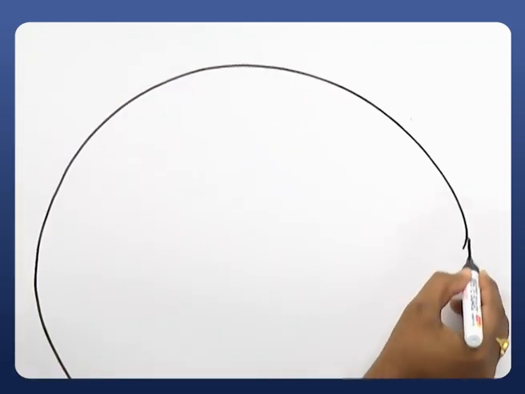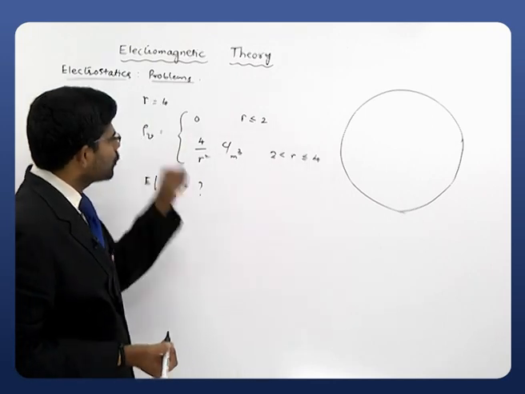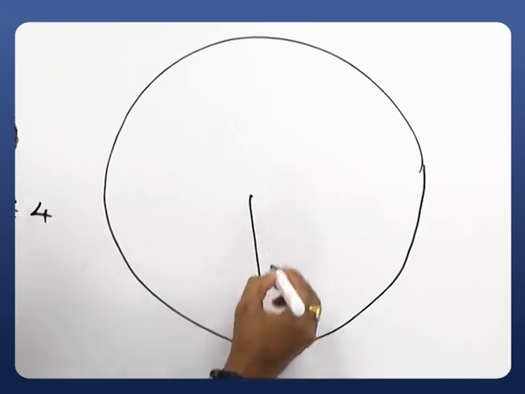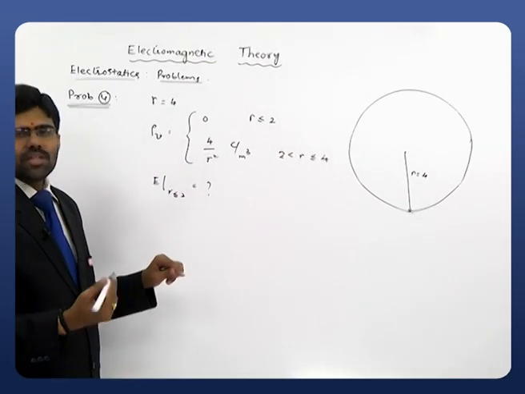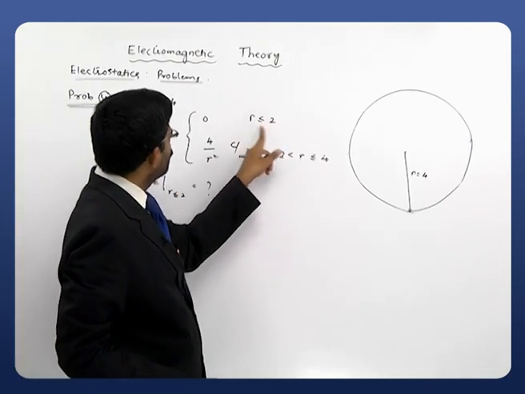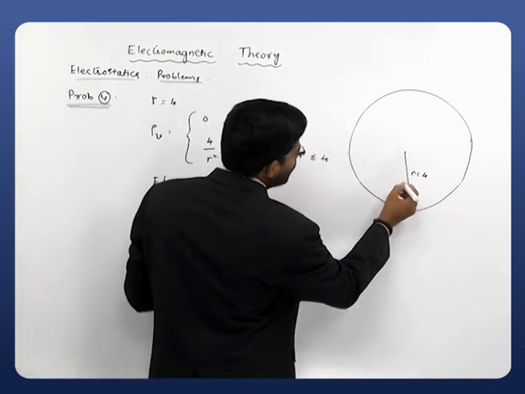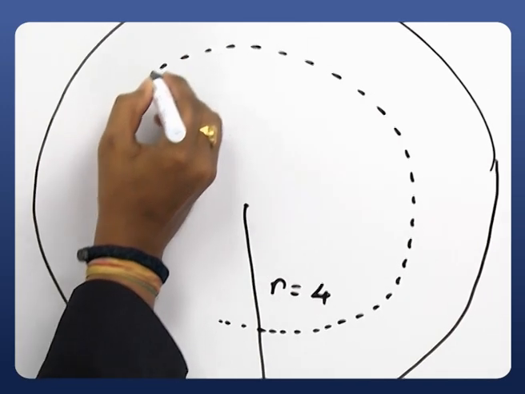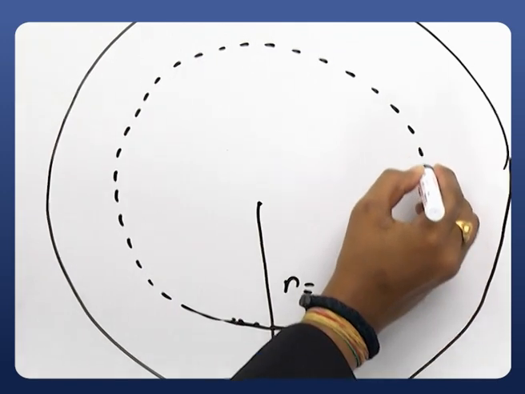So let us take, this is the spherical shell we have with radius r equals 4. Now how was the volume charge density defined? For r less than or equal to 2, the volume charge density is simply 0. So I will take one more spherical shell up to r less than or equal to 2.